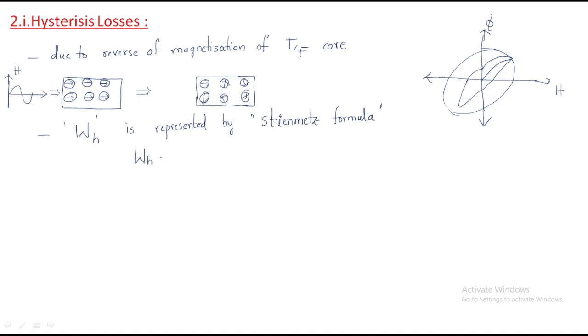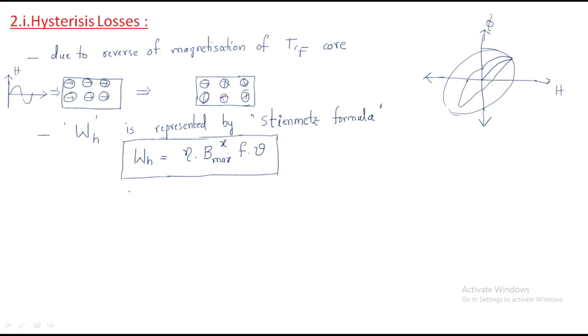That formula is WH equal to neta Bmax whole power x into small f into V. This is the formula of the hysteresis loss occurred in the transformer. And we have many problems on this formula.